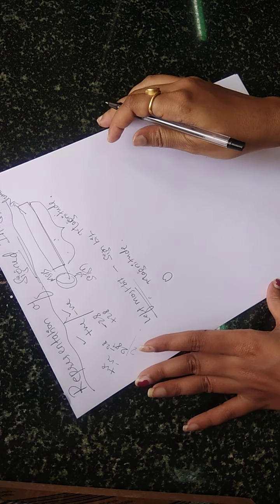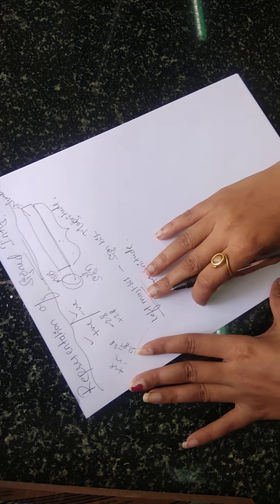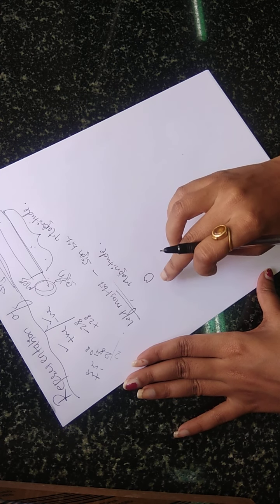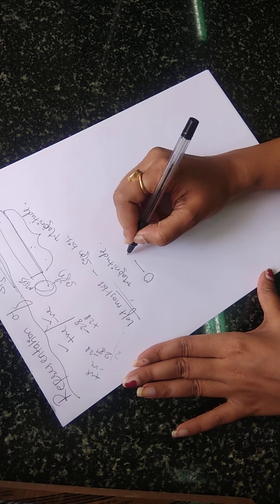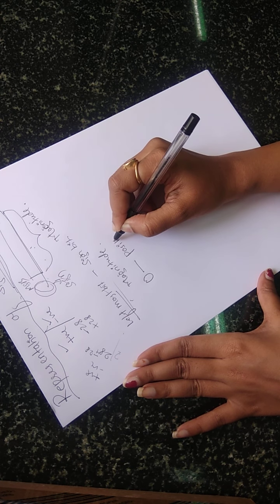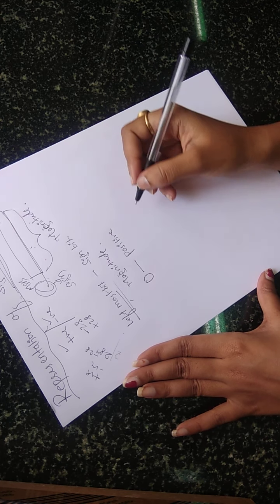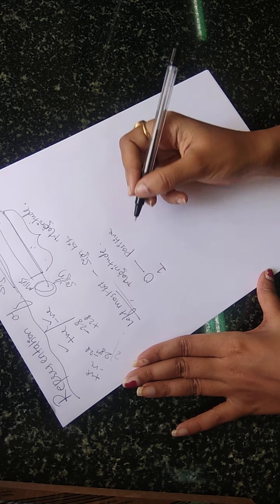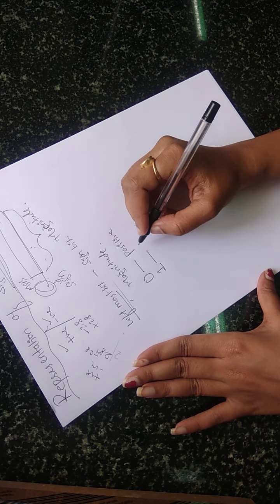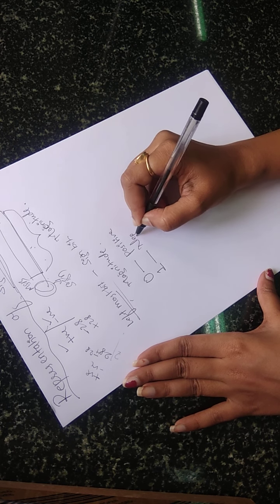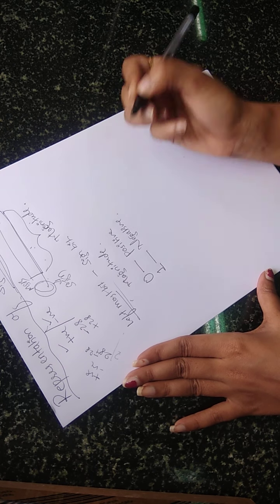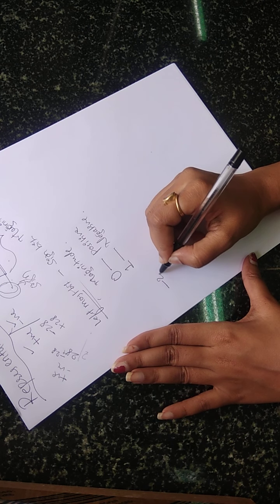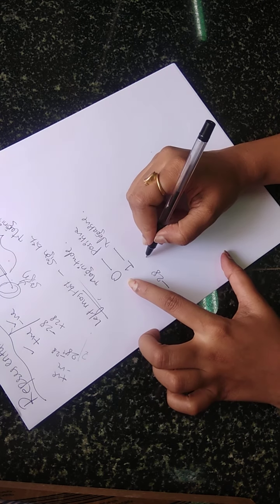When you add the sign bit, the leftmost bit, if it is 0, then your number is positive. If that leftmost bit is 1, then you have to consider that your number is negative. So suppose I have to represent minus 28, then my first bit will be 1.